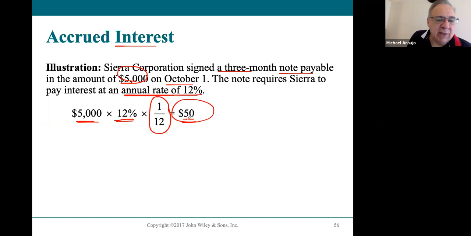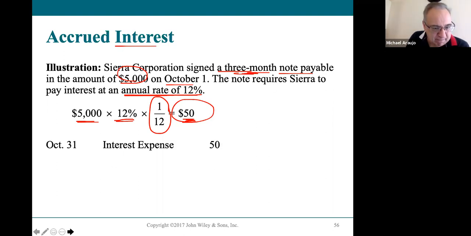So this $50 of interest literally is an interest expense for October. And that's all we're doing. Of course, we're not paying this until we pay back the loan 3 months from October 1st. So we have to set up what we call an interest payable, as you'll see. So the entry here shows for the month of October, this loan cost us $50.